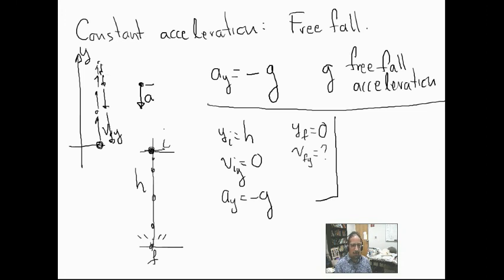Adapted to these circumstances, we have the following equation: delta y is equal to v y initial delta t plus 1/2 of a y delta t squared. So delta y is equal to 0 there because there's no initial velocity, and the y acceleration is minus g, so I have minus 1/2 of g delta t squared. Let us solve this equation.